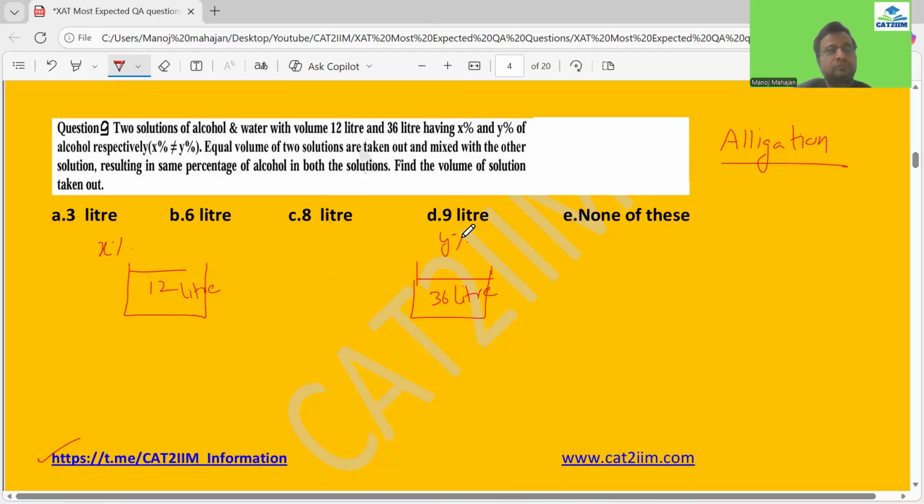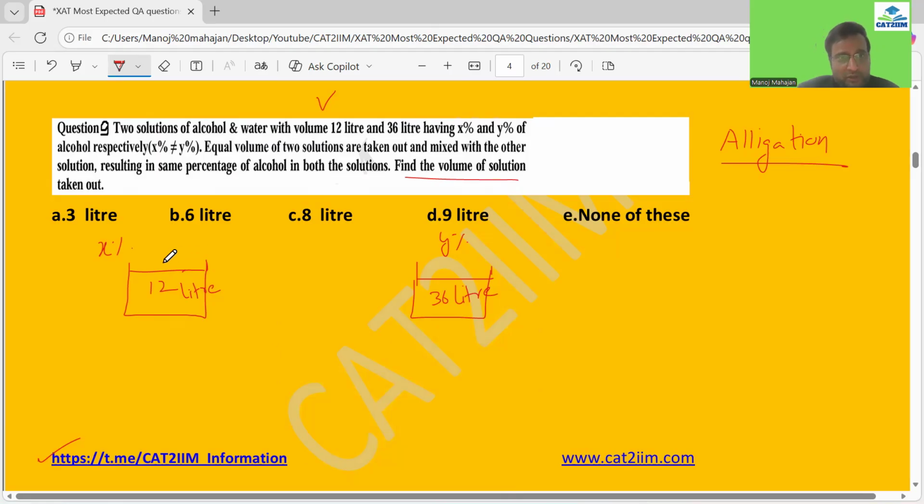X is not equal to Y. They're saying equal volume, so let's say that is V. Of these two solutions, V is taken out and mixed with the other solution, resulting in the same percentage of alcohol in both solutions. If you try to do it with a basic approach, you would find it difficult. So let me explain how alligation could be used, and we are going to make a shortcut also, so you would be able to answer such a problem with ease next time.